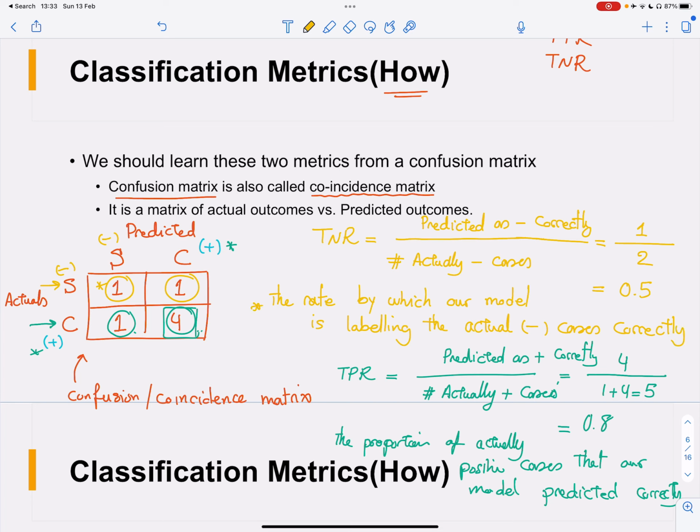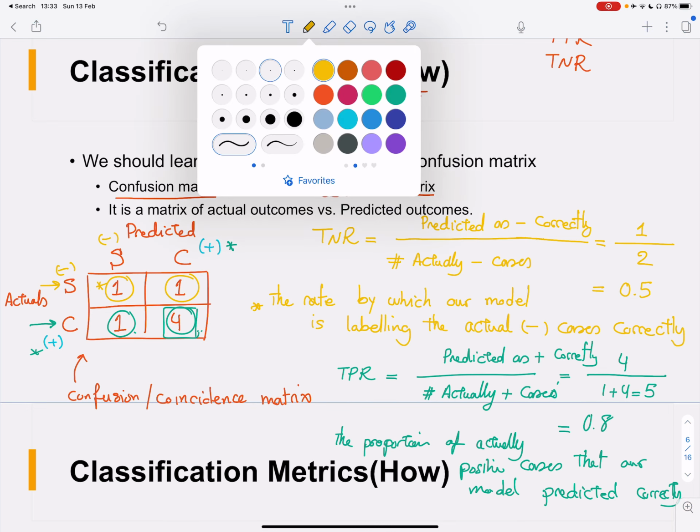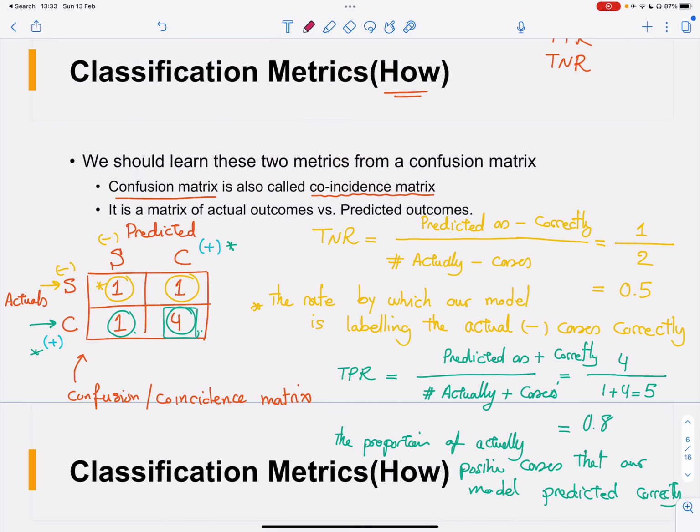Good. So we can see that these two are different. Okay, let's calculate the accuracy now. Accuracy would be the total number of predictions we need. So 1, 1, 1, 4, 7, and the total number of correct predictions.